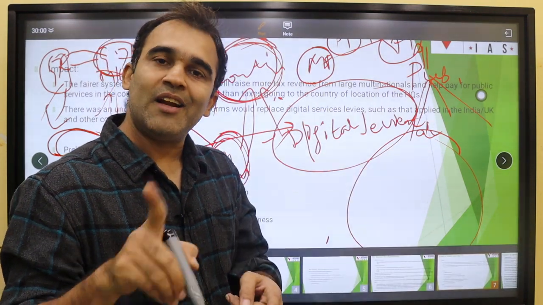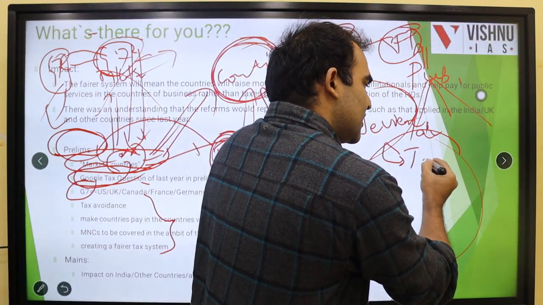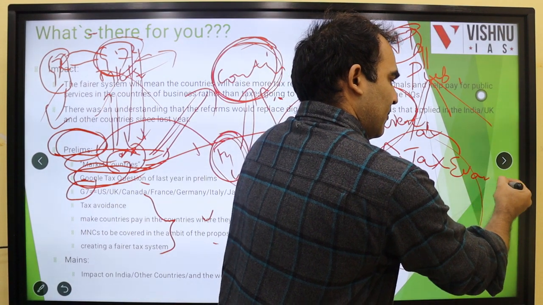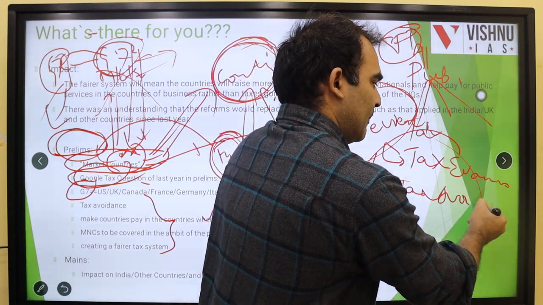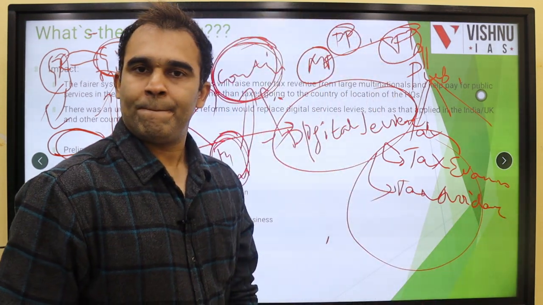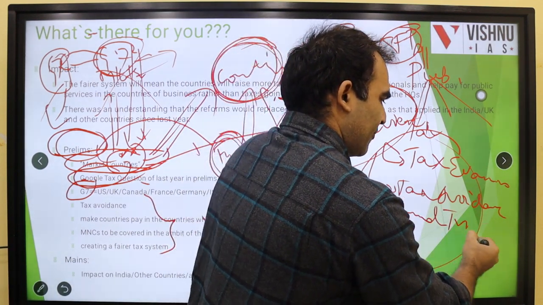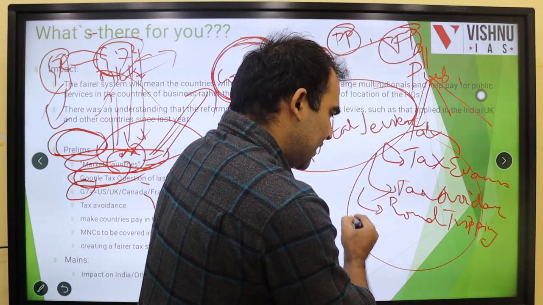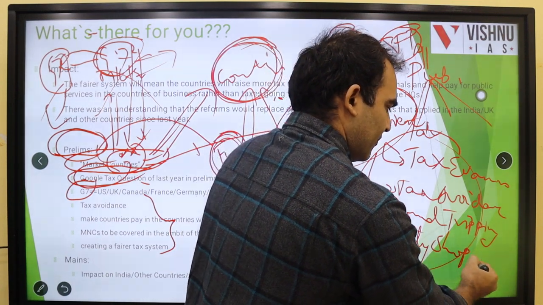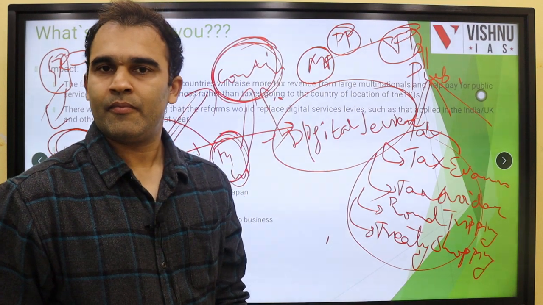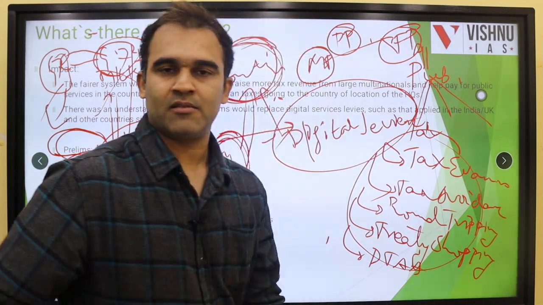Under taxation you read many types of direct taxes, indirect taxes, in which you talk about concepts like tax evasion, tax avoidance, round tripping, treaty shopping, and in fact you also read about DTAs, double taxation avoidance agreements.